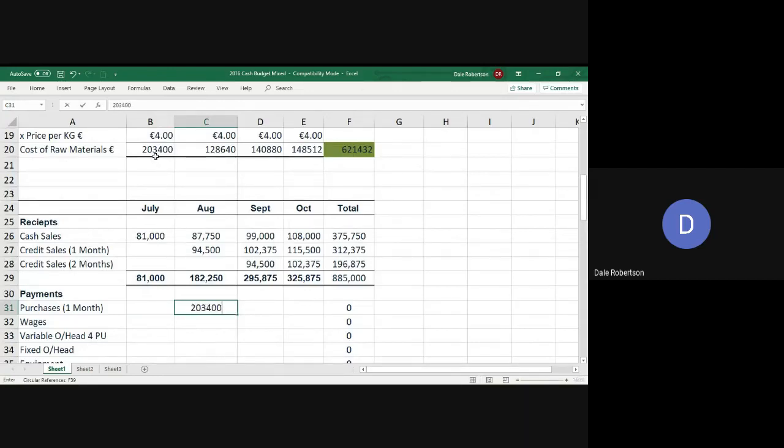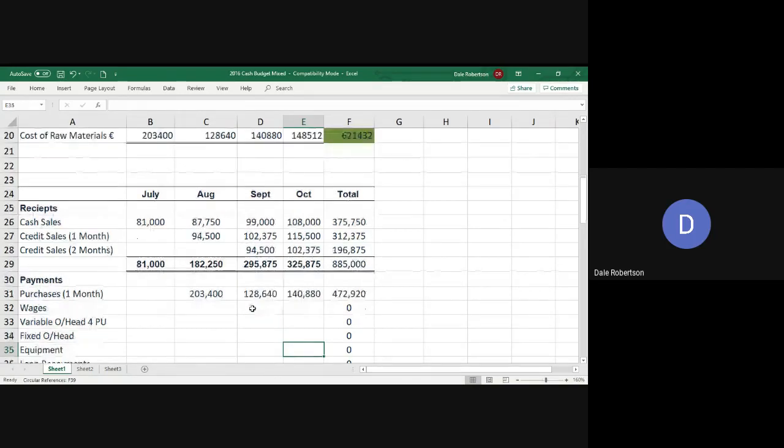So what we buy in July, we will pay for in August, 203,400. And what we buy in August, we will pay for in September, 128,640. And what we buy in September, we will pay for in October, 140,880. And again, what we buy in October, we will not pay for until after this cash budget is finished.